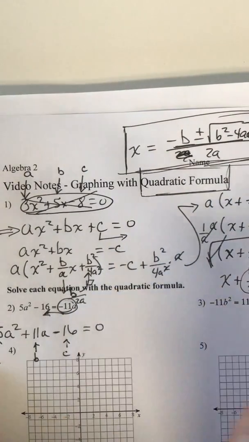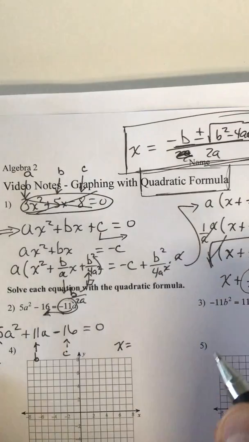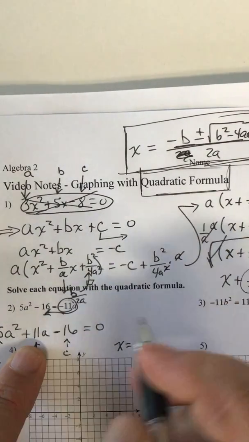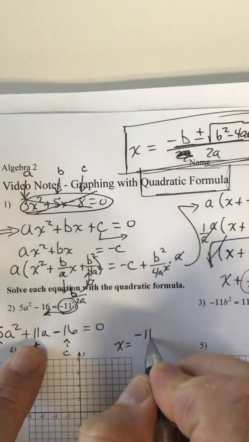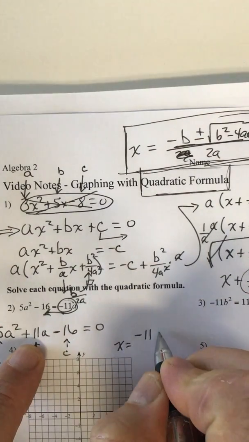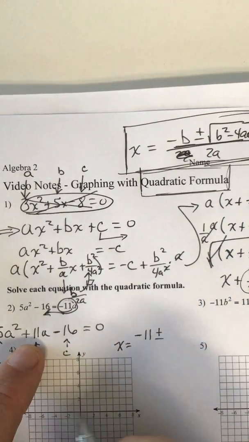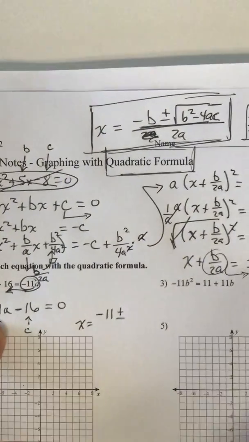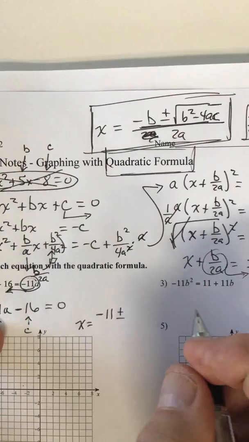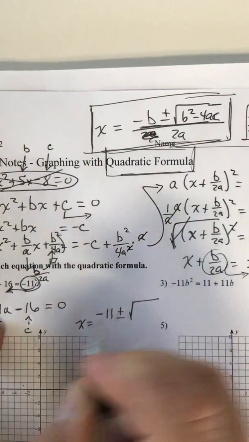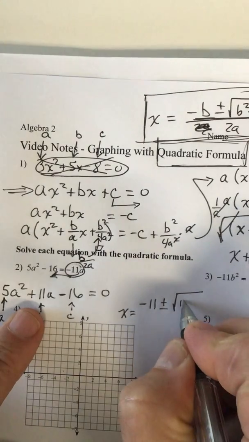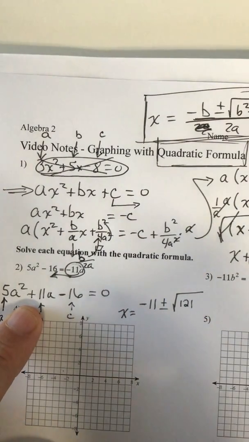So x is negative b. The 11 right there is b, so I need the opposite of that. So it's going to be negative 11, plus or minus. Now remember there are always two zeros, one to the right and one to the left. This is where they're going to come from. Plus or minus the square root of, okay, now I need b squared. I need 11 squared. Well, that's 121.